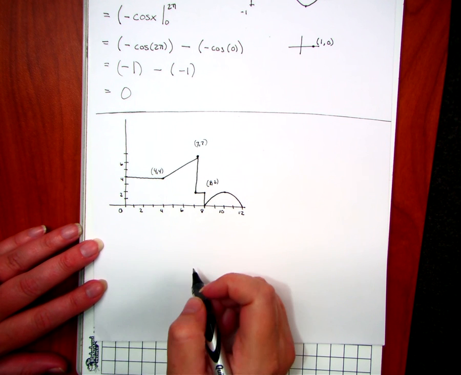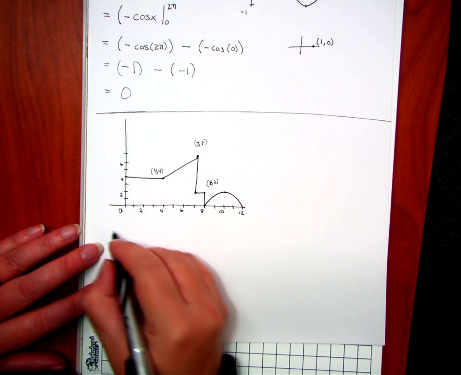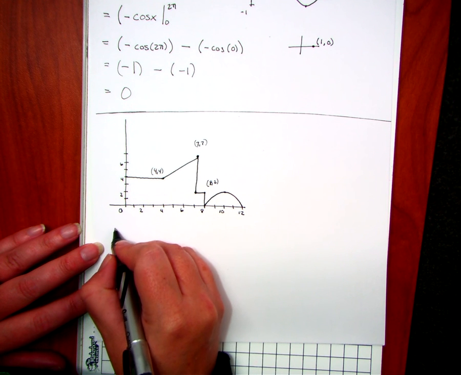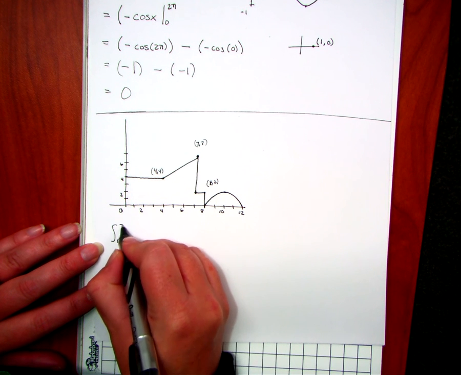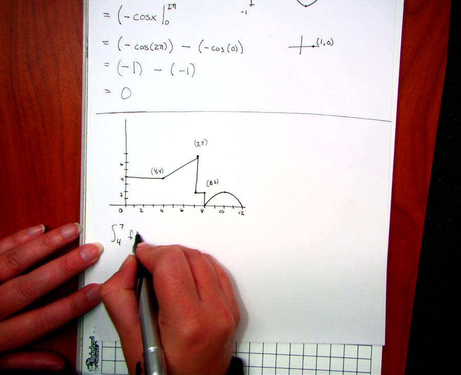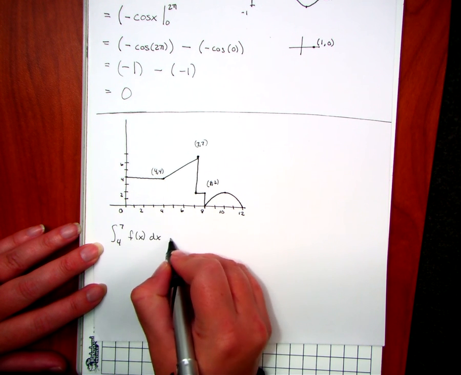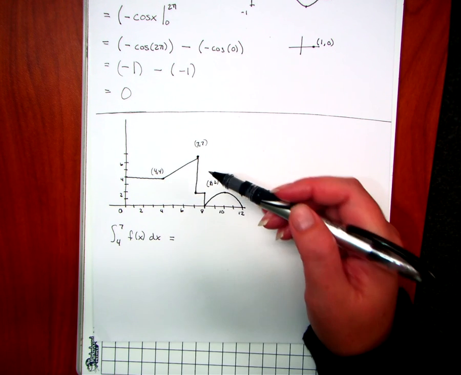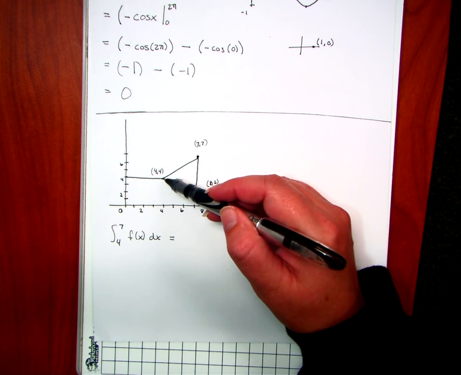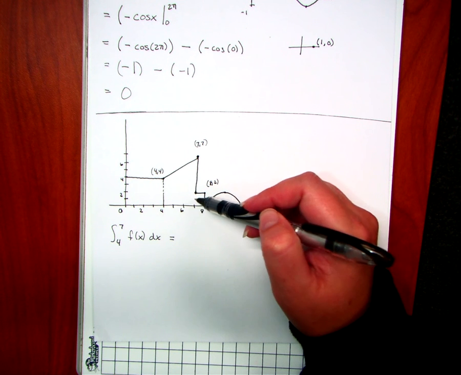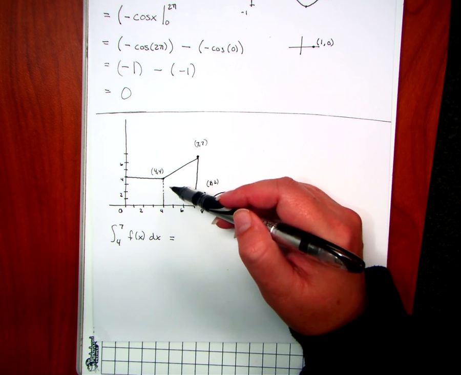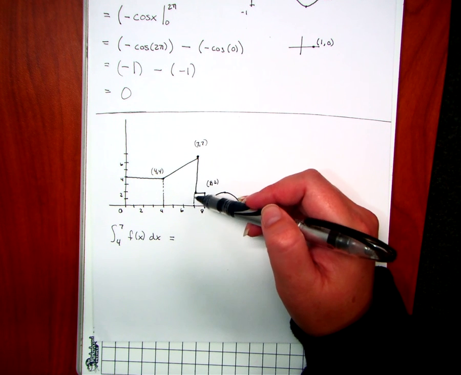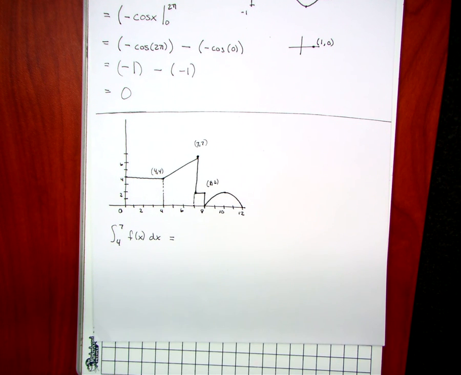Right? So let's go ahead and find the integral from 4 to 7. So I want to find the area from 4 to 7. So it's basically this trapezoid here.